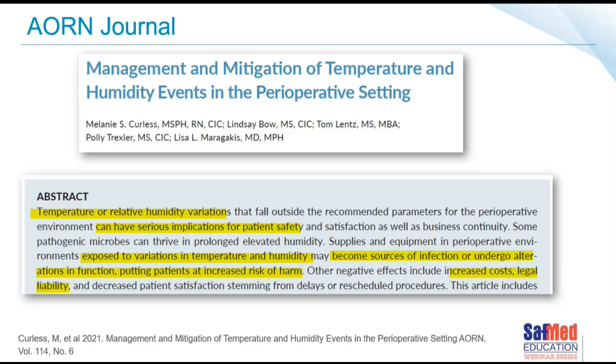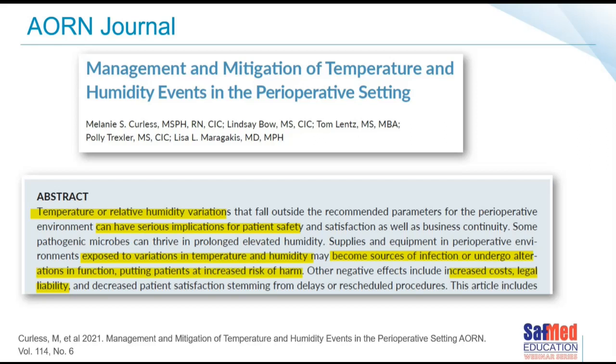continuity. Some pathogenic microorganisms can thrive in prolonged elevated humidity. Supplies and equipment in the perioperative environment exposed to variations in temperature and humidity may become sources of infection or undergo alterations in functions, putting patients at increased risk for harm.